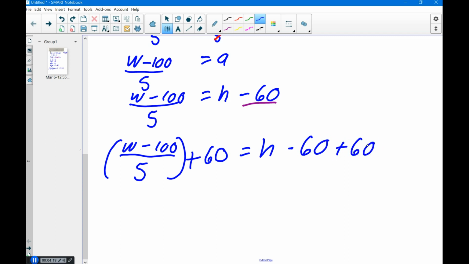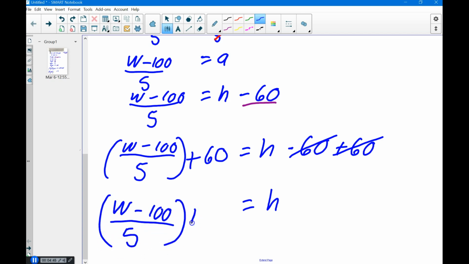Now I'll show you an easy way to do that later on if you want me to, because this gets tedious and not much fun. But anyway, in the meantime, you notice this minus 60 and plus 60 cancel out. And now I'm left with a new equation that looks like this. H equals W minus 100 divided by 5 plus 60. And that's solving for H.